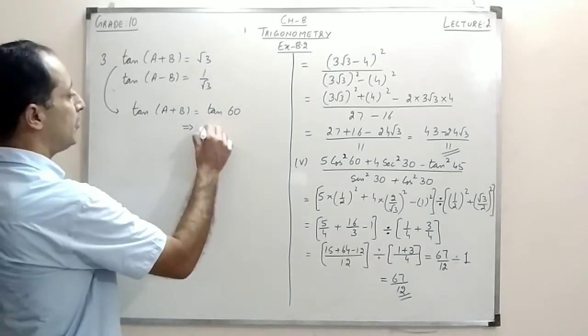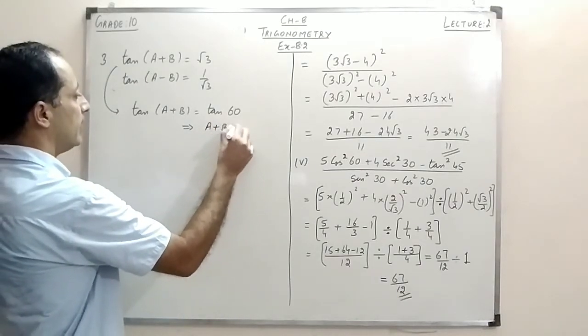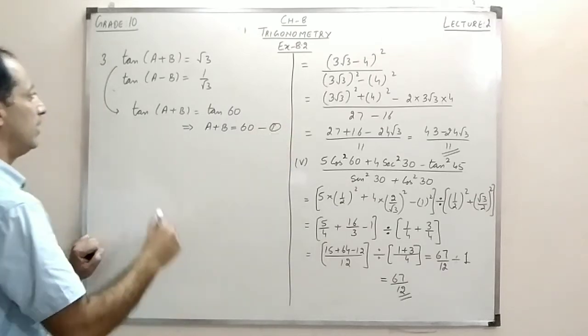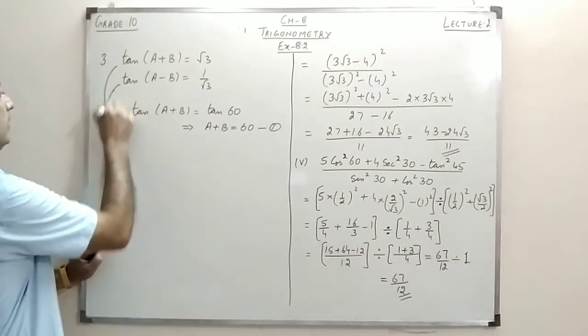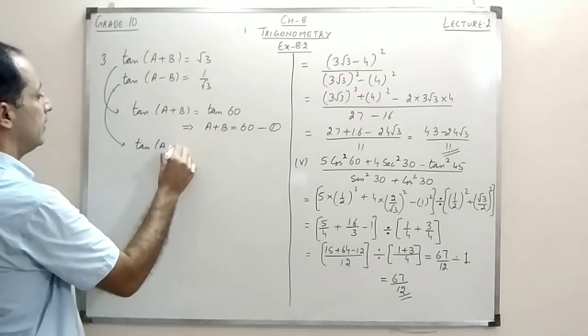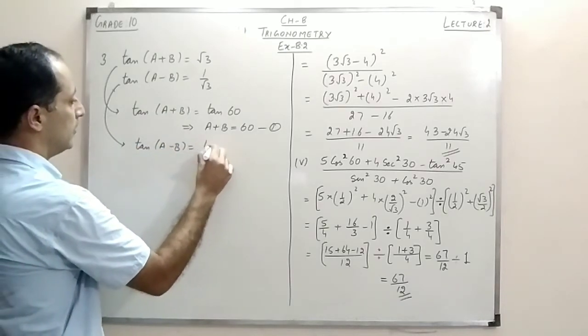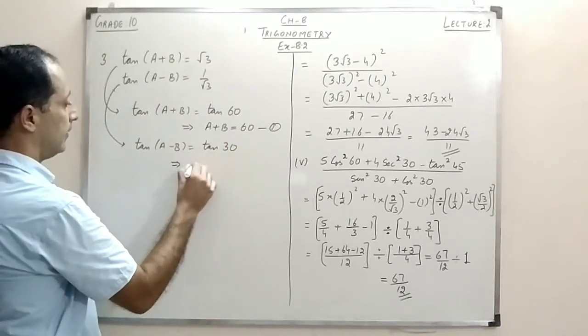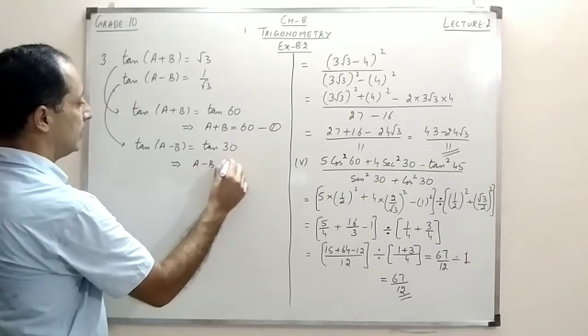So I get that A plus B is equal to 60 degree. Let me put this as equation number 1. Then from here I get tan of A minus B equals tan 30. So from here I get A minus B equals 30 degree.